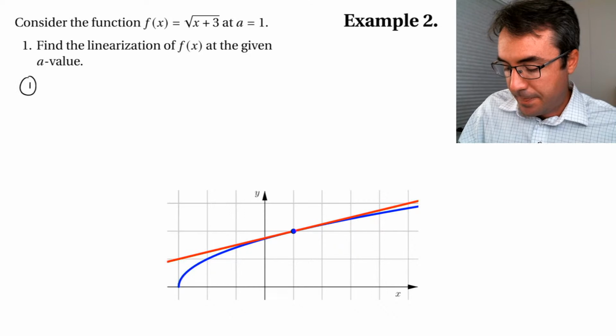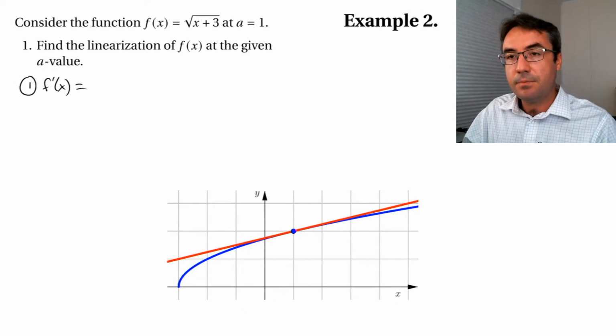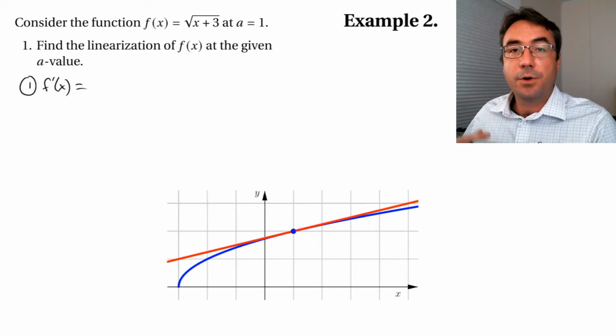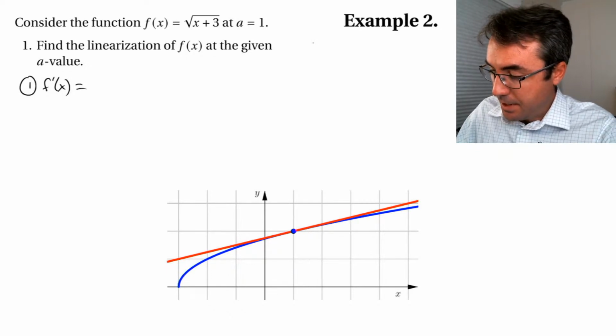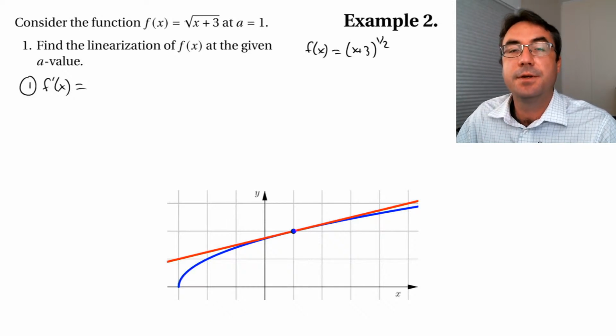Step 1, we want to calculate f prime of x. So here our function is square root x plus 3. We're going to use the general power rule, and it might be helpful to rewrite our function as x plus 3 raised to the 1/2 power.